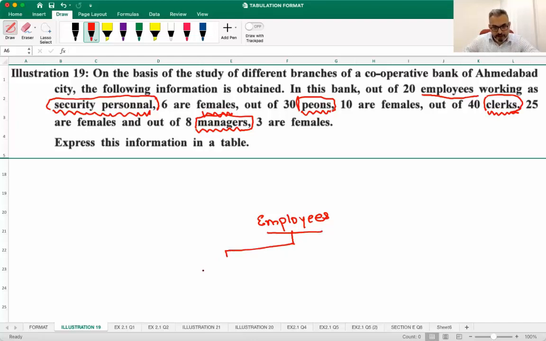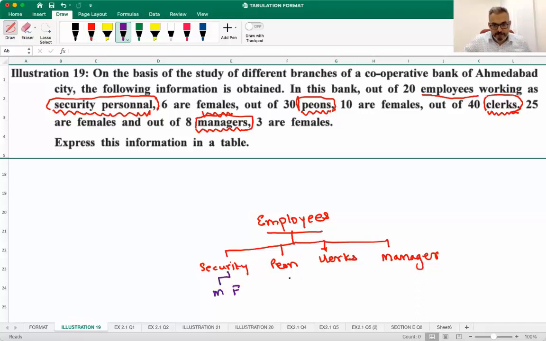We have security. You also have to make all this that I am writing in your rough work, okay? Then you have peon, then you have clerks, and then you have managers. So this is the first level. Then the second level, what you have is male and female. Male and female.